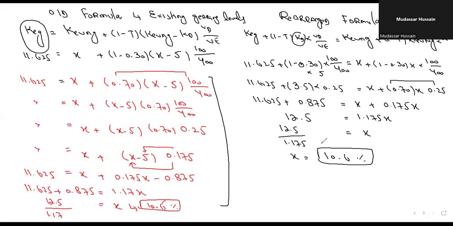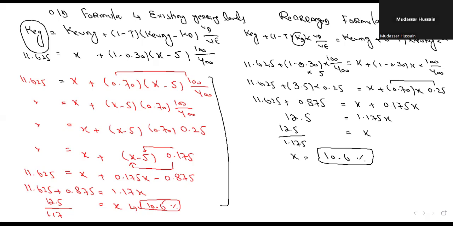So what is happening? This is just an easy way to solve. This rearranged formula will also be given in the exam. The examiner has just made it easier for the students because the students were facing difficulty, being very unsure how they can do this working on the spreadsheet.